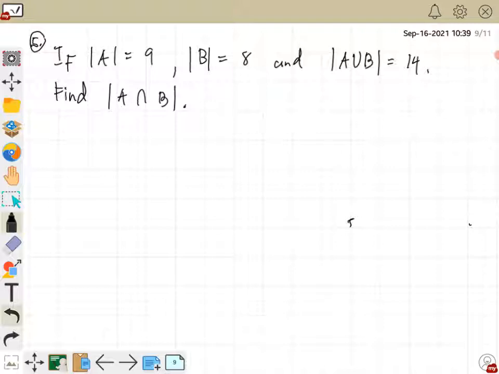If there are 9 elements in A, the entire circle A, and there are 8 elements in the entire circle B, and if we combine all of this, we only have 14.